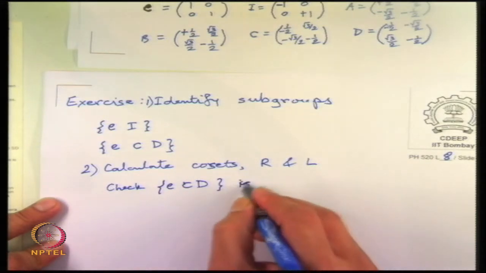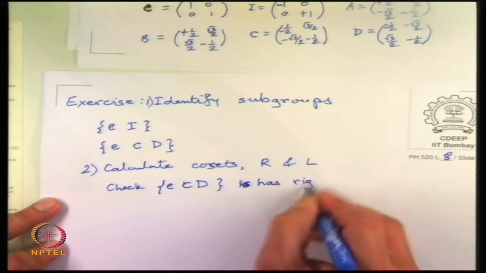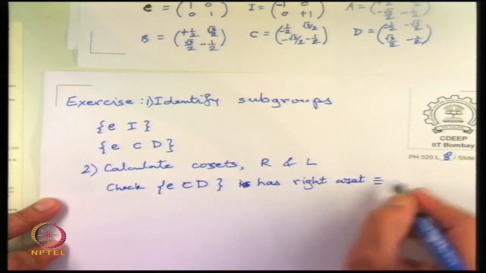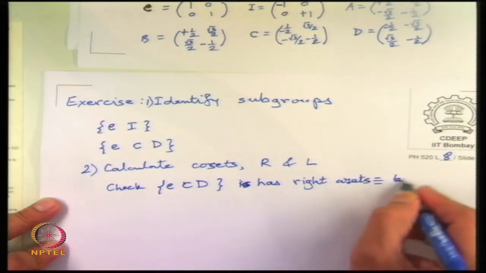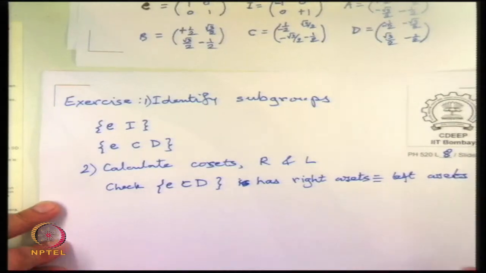So, has right coset equal to left coset. So, we will come back to this in a minute. Let us do the abstract part first, which is a little easier to do than working out the example.